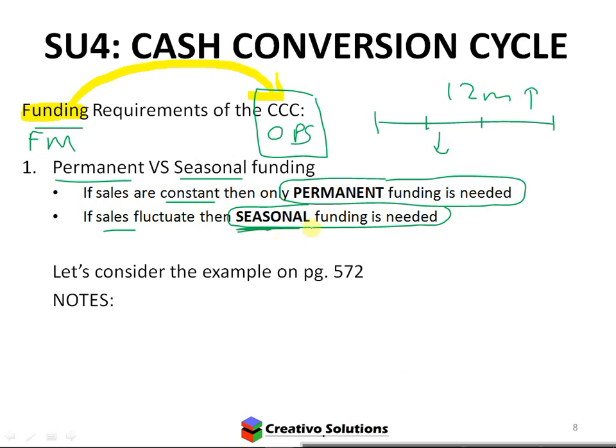So their seasonal funding requirements in winter would be lower than in summer. Because in summer they're going to need more funding to maybe keep the ice cream frozen. They might need more funding to buy more stock. They might need more funding to employ more staff. It all depends, but that's what we're looking at.